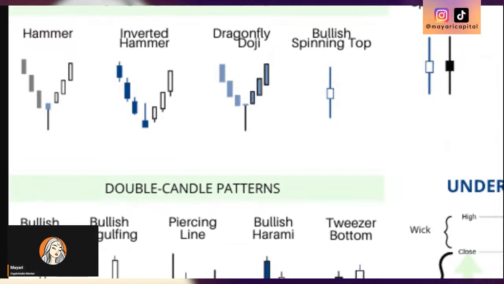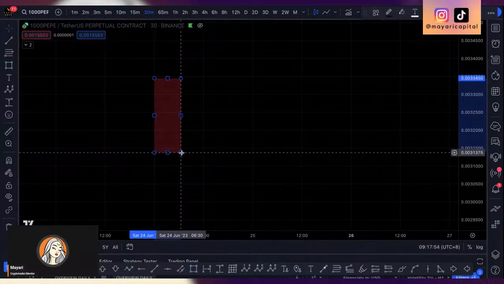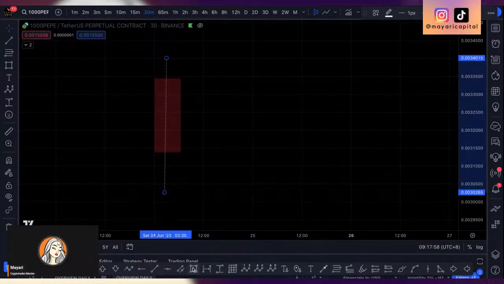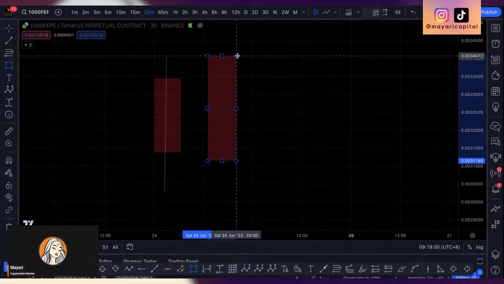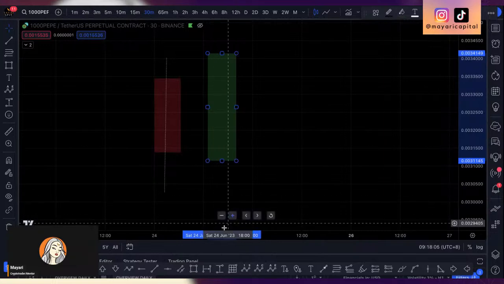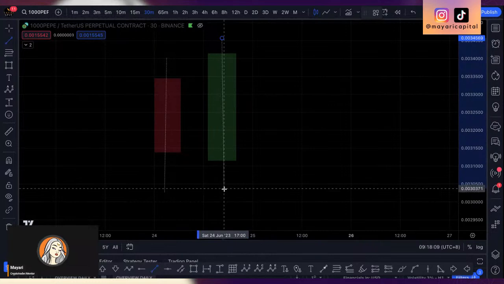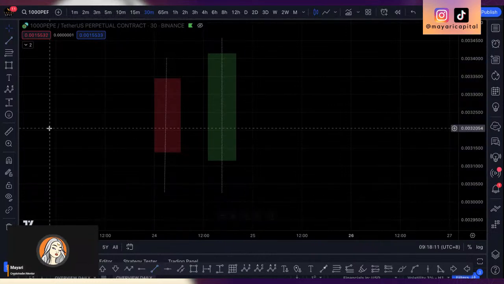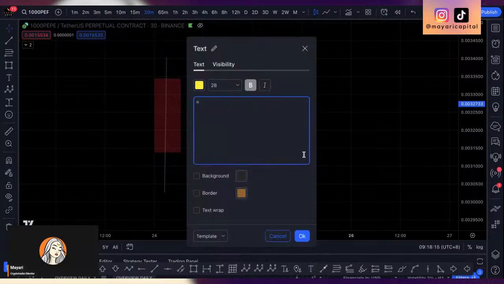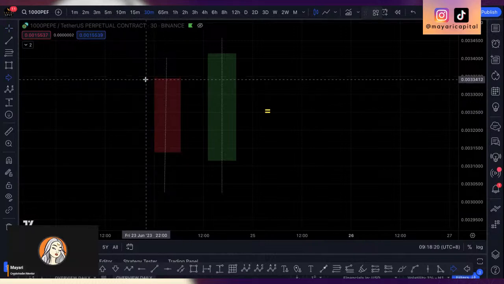So let me show you right here. Okay, opening right around this area, and then like that. By the way, this is bullish. So remember, where did it open? If we combine the two now, okay, we got the opening at this session right here.